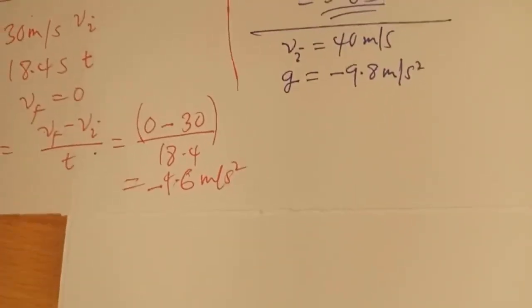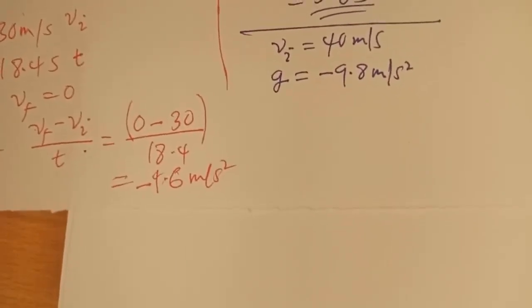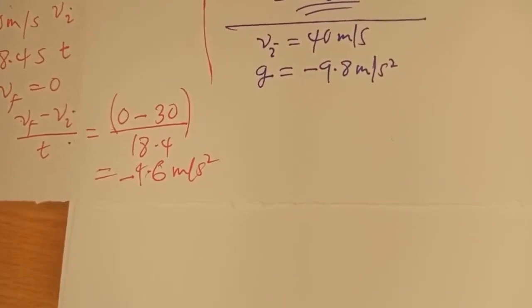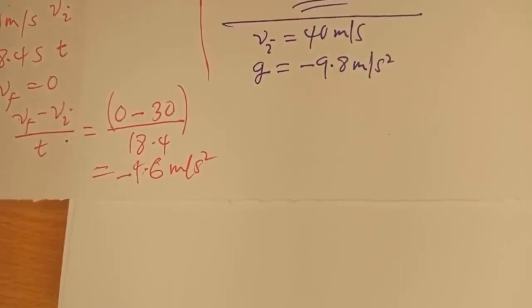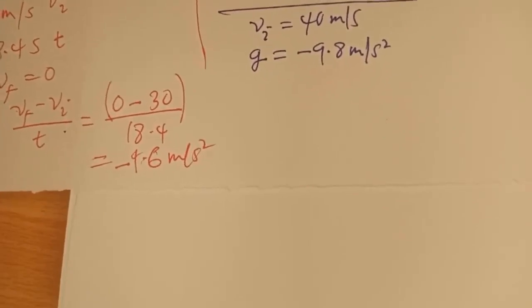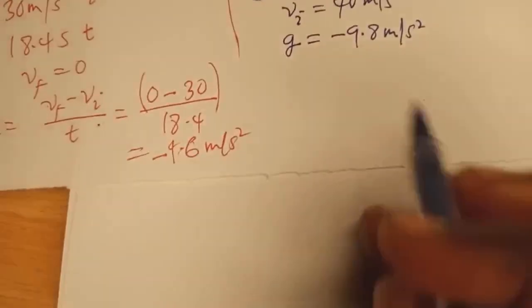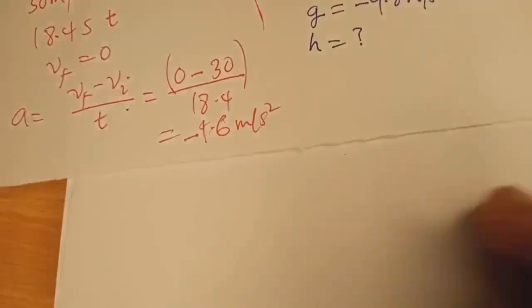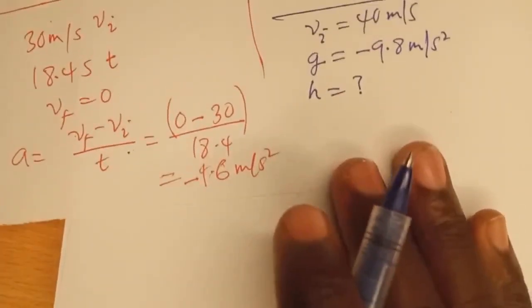Okay, even if we are not told, we should remember this. So the question now is, how high will it go? When we say how high, what will be the maximum height? How high will it go before it starts falling back? The height is what? That is the question.